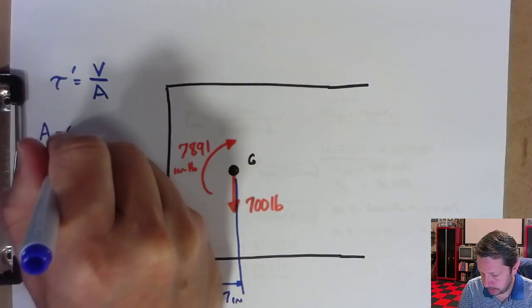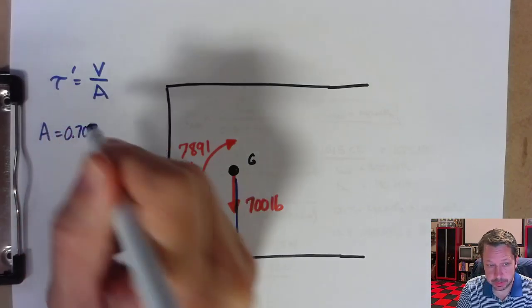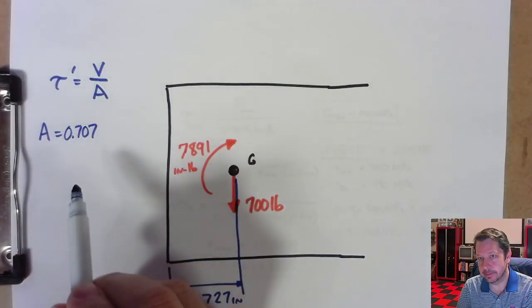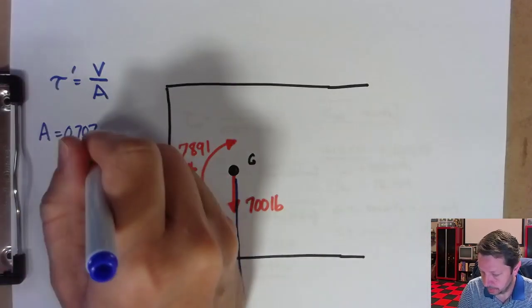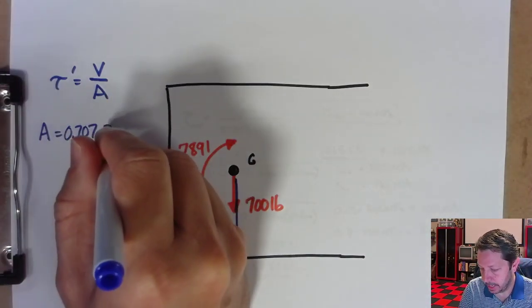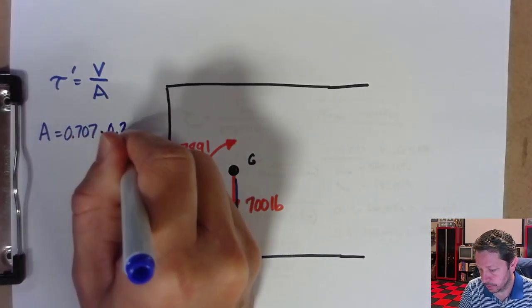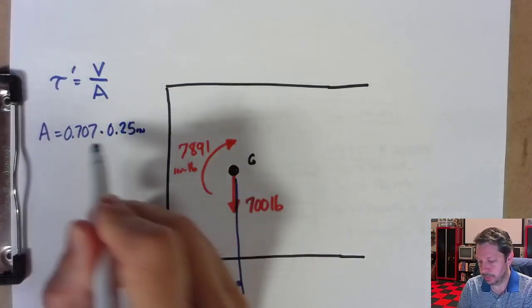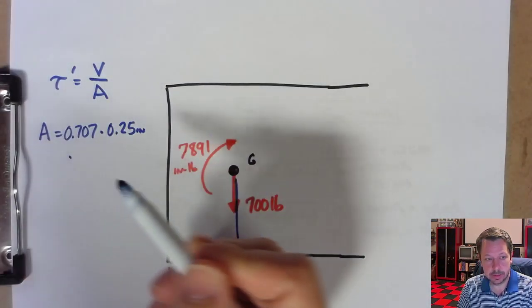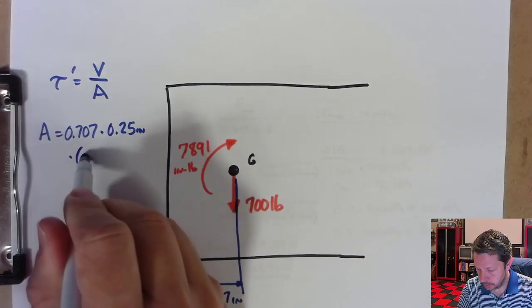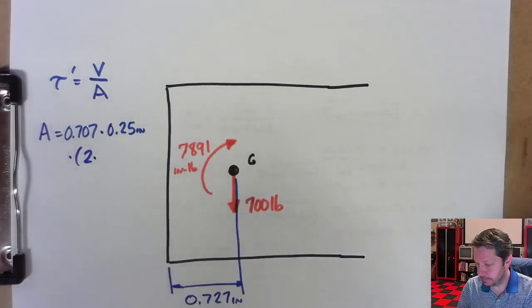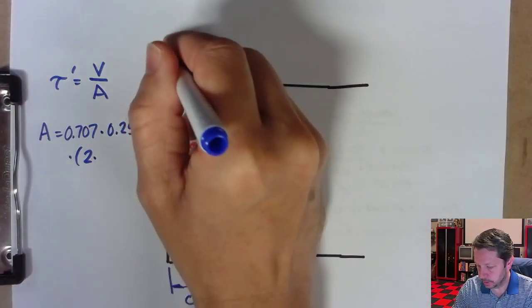Area is 0.707, so that's getting the throat part, not just the leg, times H, which is 1/4 inch, multiplied by 2 times B. B isn't labeled on this one, but it's the whole distance here.